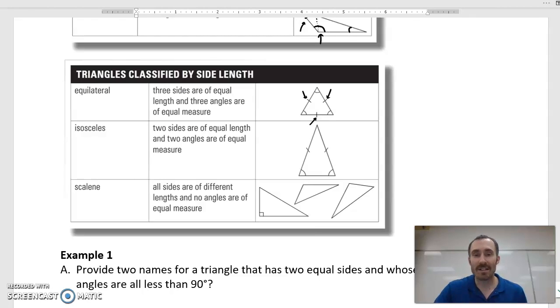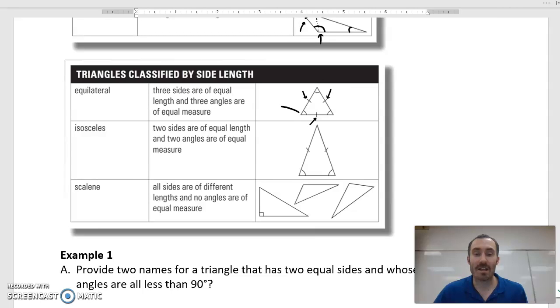And we use those little tick marks to denote that they're the same length. Okay, and so in that triangle, all three of them are the same length. That makes it equilateral. An important thing to also note is that in equilateral triangles, the angles are all equal too. That's kind of a byproduct of it.